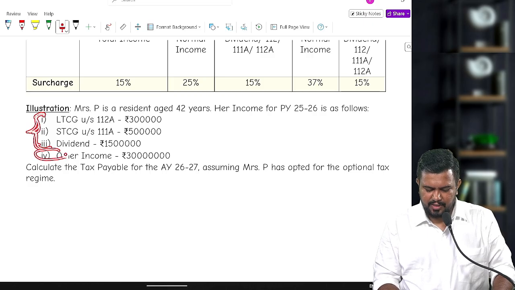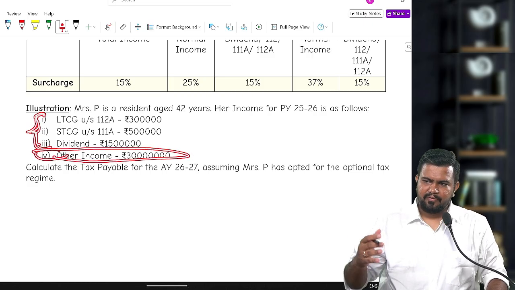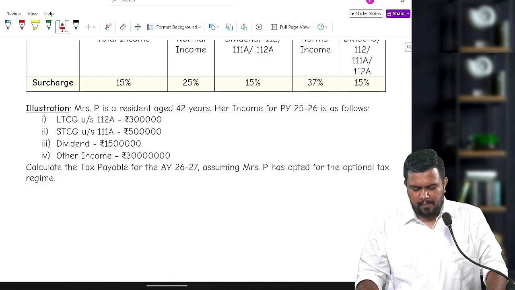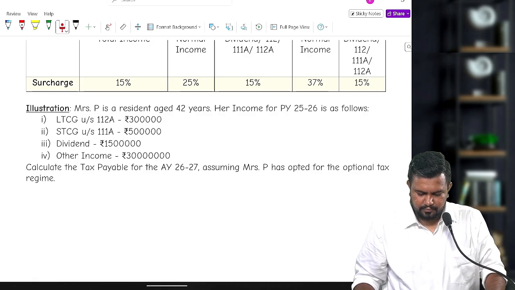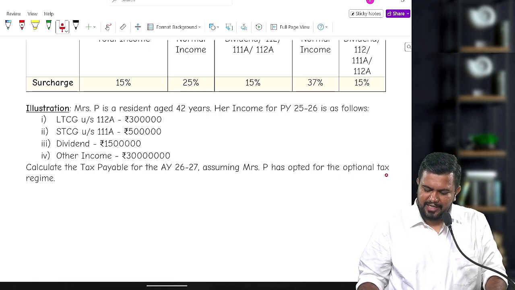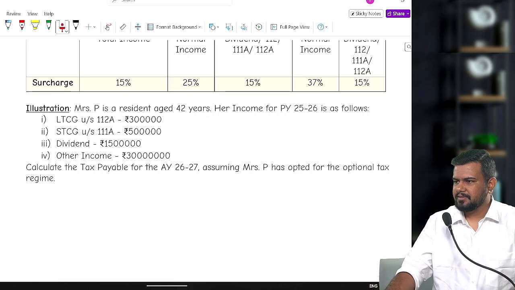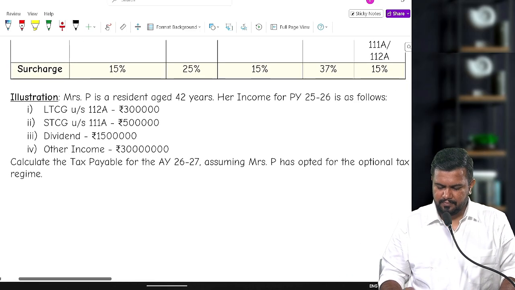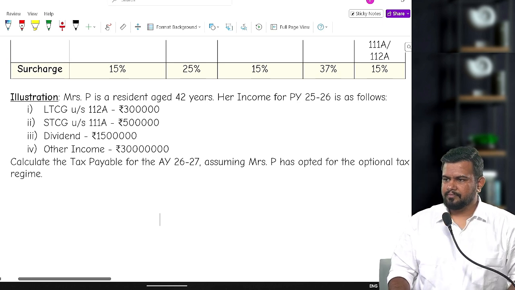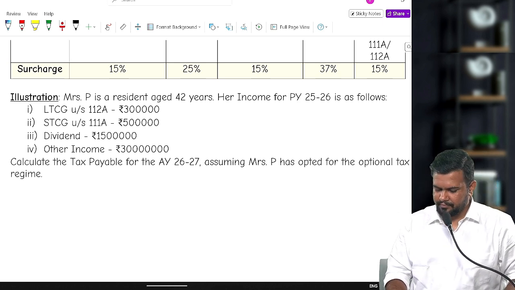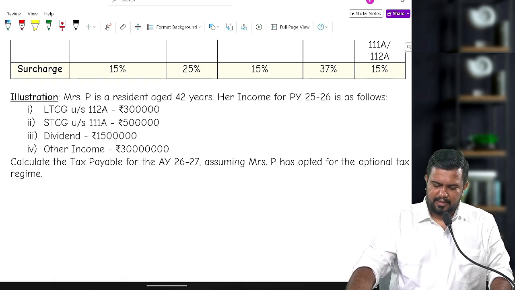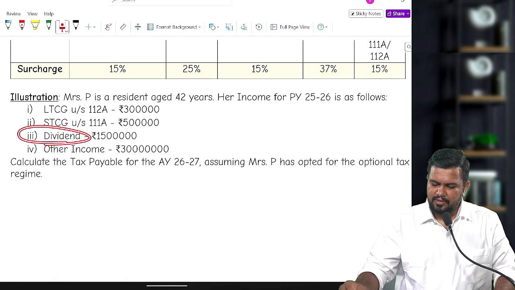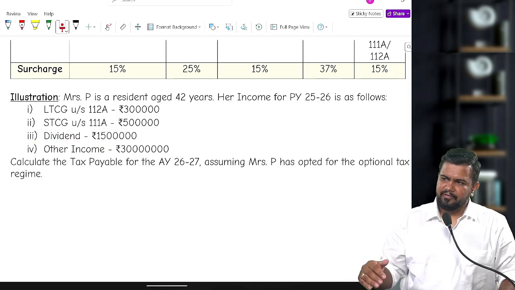In the last income, however the table tells you, you have to calculate. Calculate as per the optional tax regime, old tax. I tell you where you will find a problem: in the surcharge of dividend only. So solve according to how you think, then we will discuss the answer.